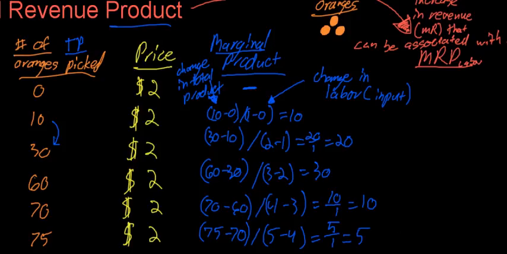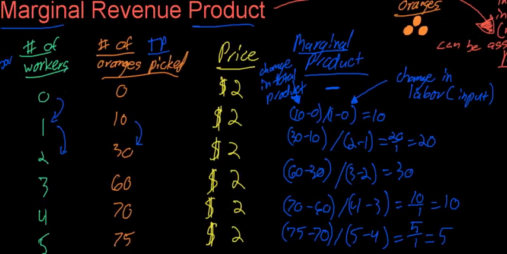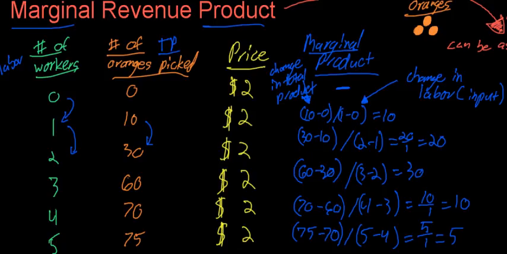So the way that we calculate this is the marginal revenue product is simply equal to marginal product times marginal revenue. It's as simple as that. So here our marginal revenue is $2.